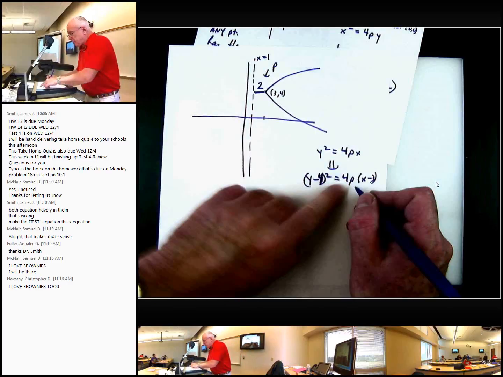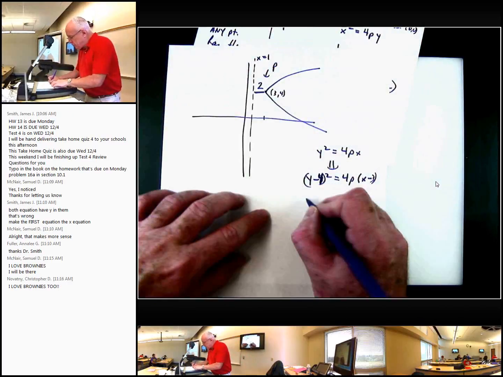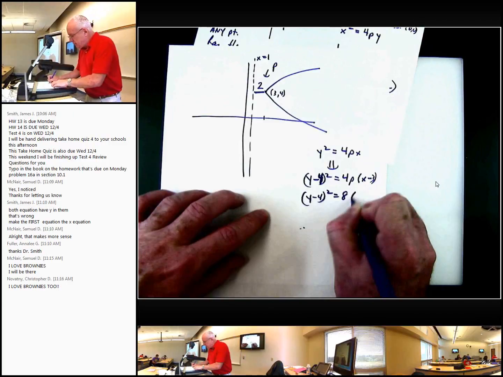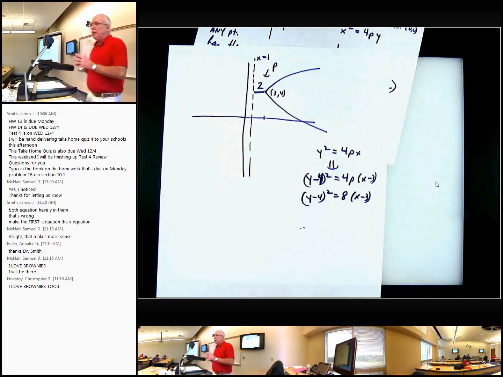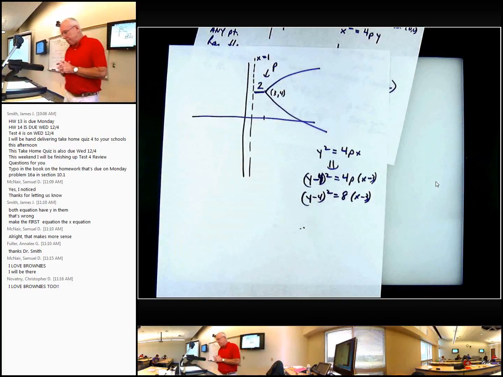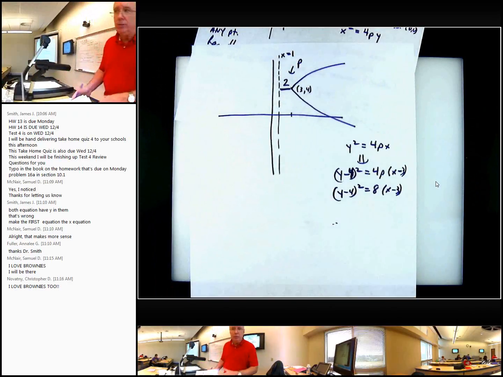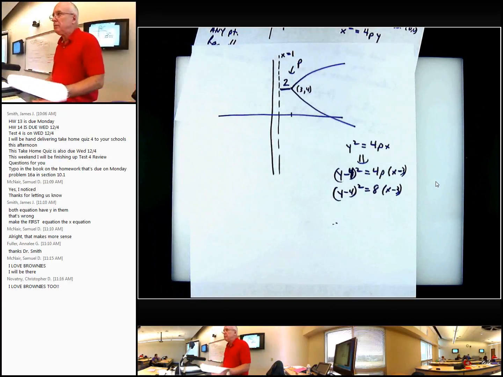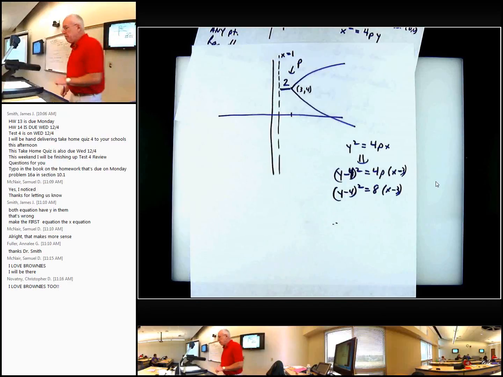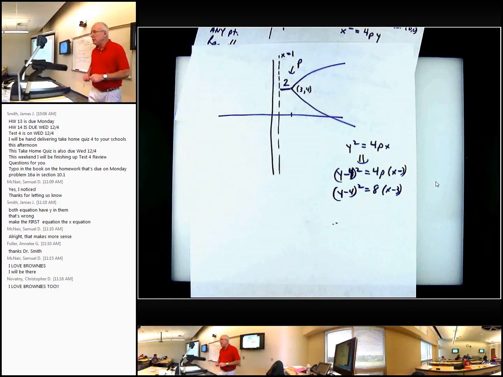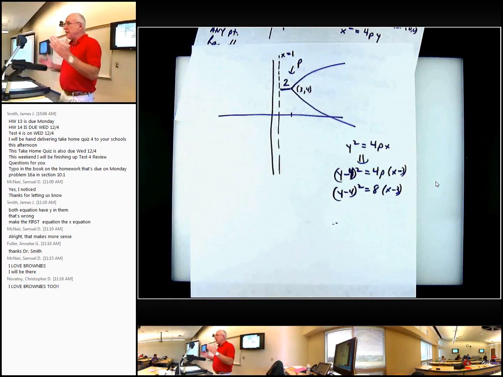And then I replace the p with a positive 2: y minus 4 squared equals 8 times x minus 3. And that would be the equation. I hope I haven't confused everybody with that last example. But again, that's the easiest way to calculate the magnitude of P, and whether it's positive or negative depends on the direction that it's going.